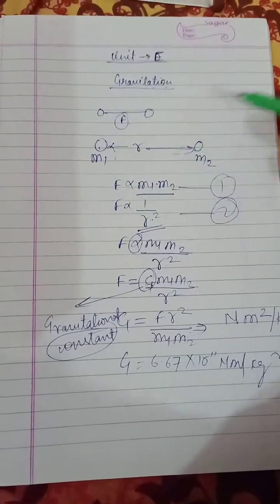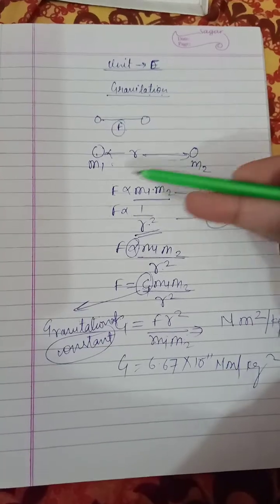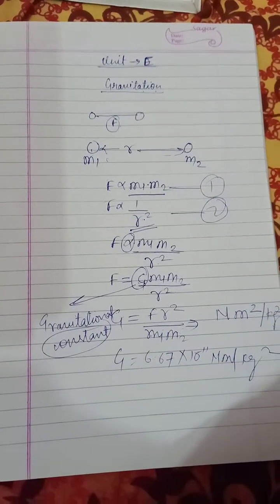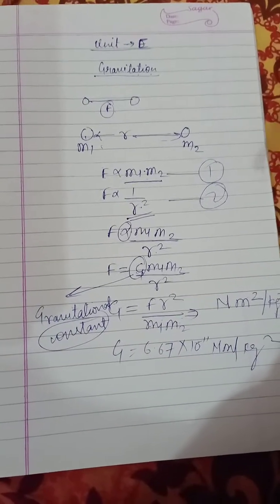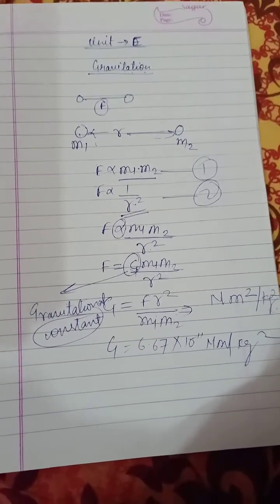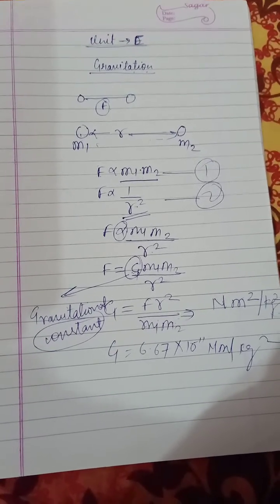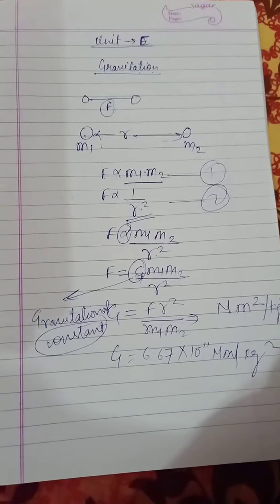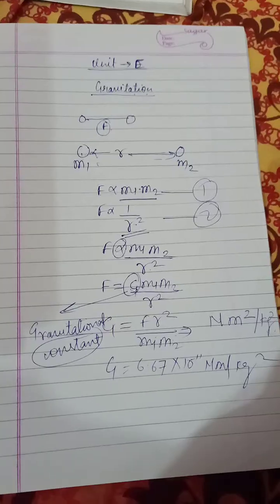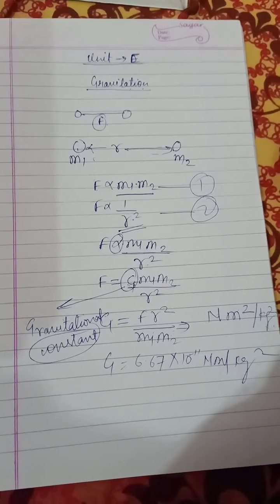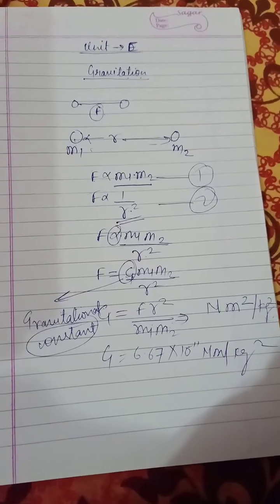It is directly proportional to the product of the masses of the particles, and inversely proportional to the square of the distance between them. And the most important point is that it is significant between heavenly bodies only, because ordinary bodies are not at large distances. This law is applicable only for heavenly bodies because they are placed at larger distances. It is not applicable for the smaller magnitude of G.